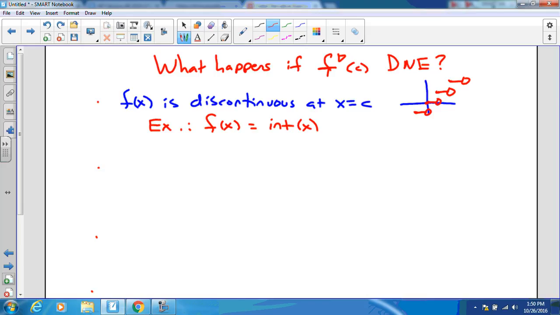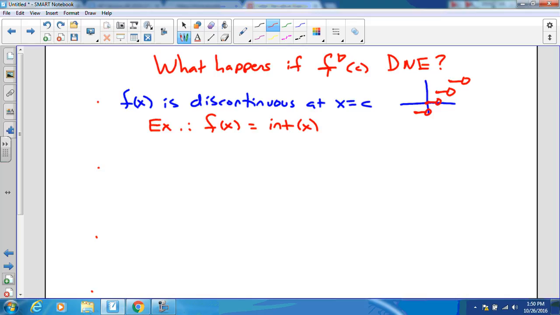Every integer, exactly. If you take a look at the graph of int of x, you can see that the slope of that graph is going to be 0 for every point in the interior there. But right when x hits an integer, all of a sudden, boom, there's a jump discontinuity.